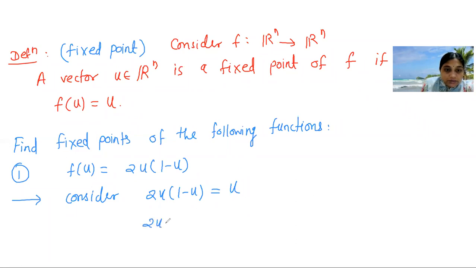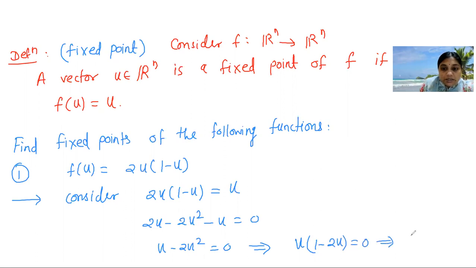For that I need to solve this. 2u minus 2u square minus u is equal to 0, right? So u minus 2u square is equal to 0. In particular, I can write u times (1 minus 2u) is equal to 0.